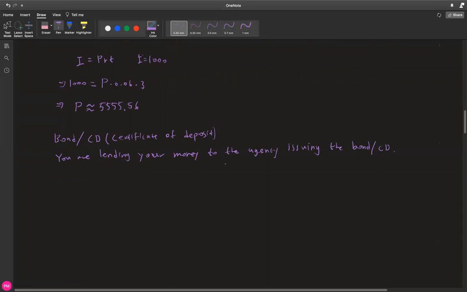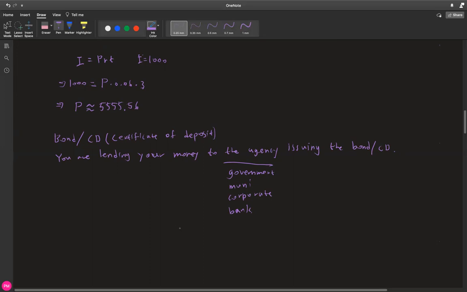This agency can be the government, let's say, it could be muni, it could also be corporate, it could also be a bank. So any institute that you're simply lending the money to.